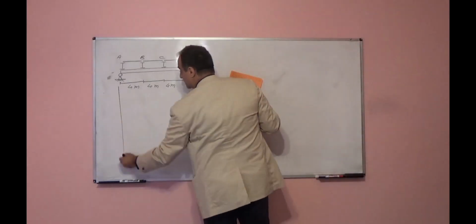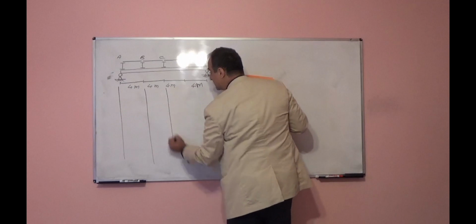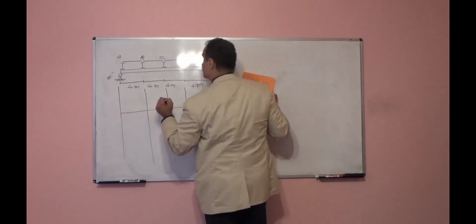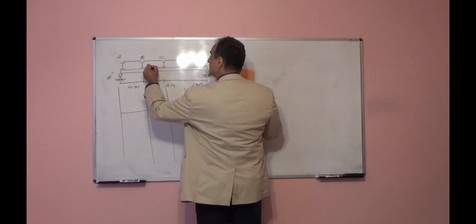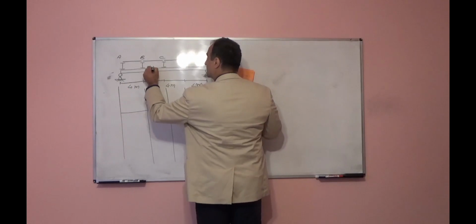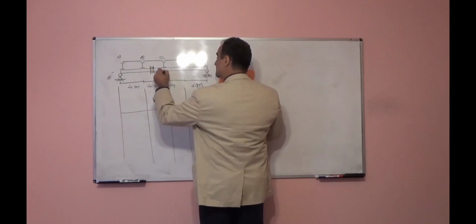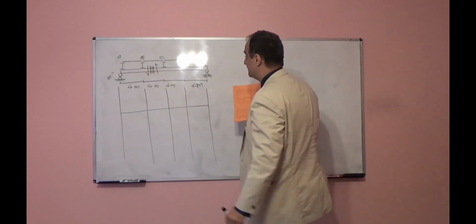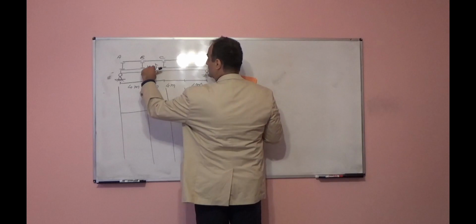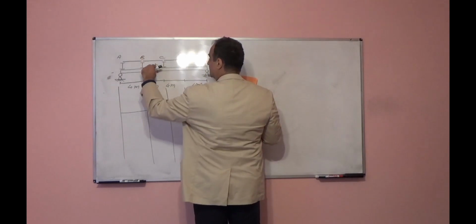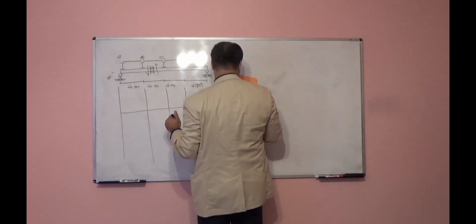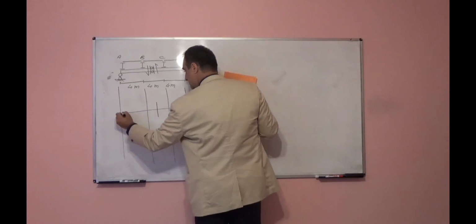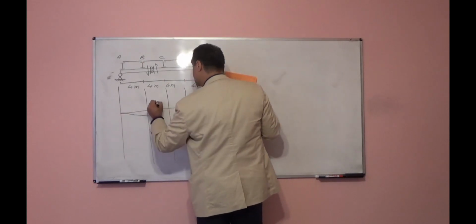So shear influence line for panel BC at the midpoint of BC. We will put a shear connection up, down. If we shift this part up and shift it down, the deformed shape of the structure will be like this.